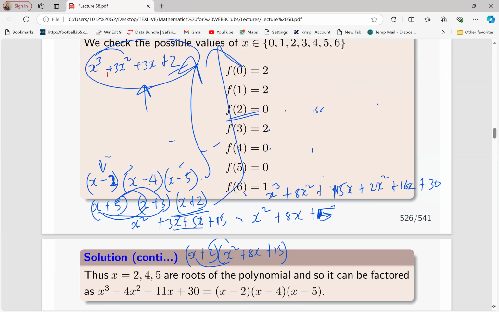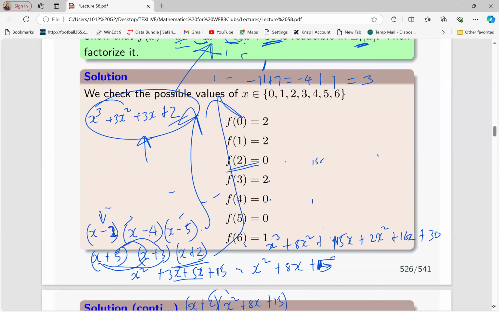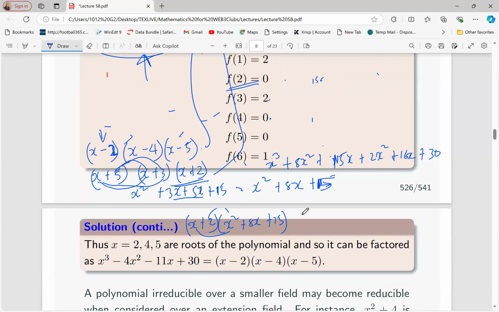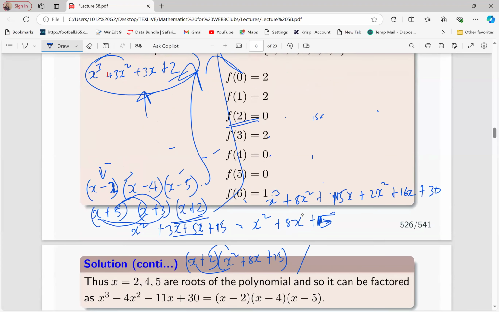Okay, now like terms, and so we have x cubed. X squared, we have 8 plus 2, which is 10.